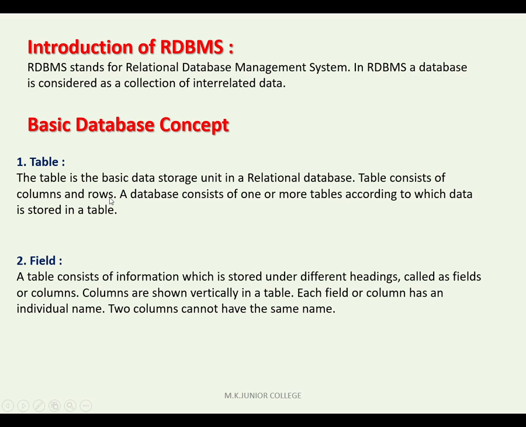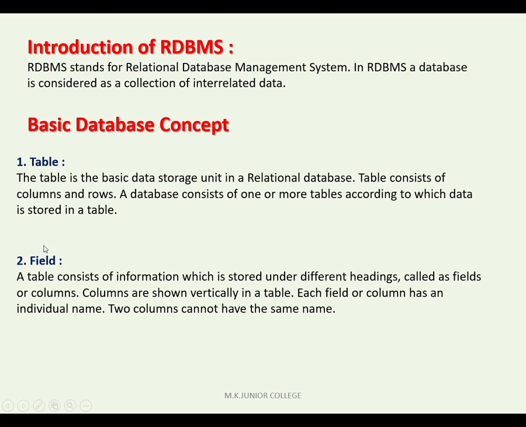We just saw in the example that in a table, through rows and columns, we can store the records. A database consists of one or more tables according to which data is stored in a table. So your database may have more than one table, like the example we saw in the student database. So a table is a basic storage unit in a database.